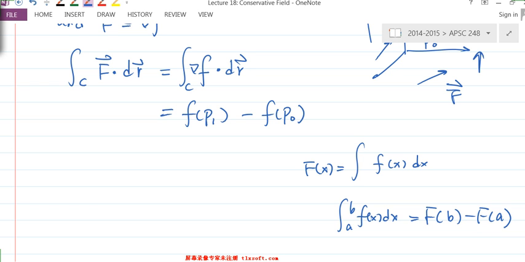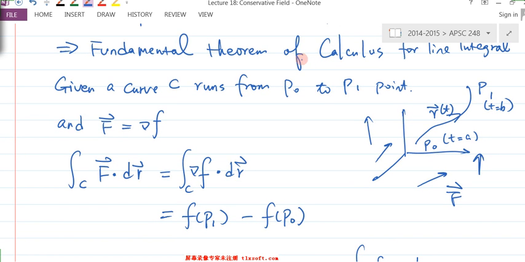Does that look similar? What is this called? This is the fundamental theorem of calculus that we learned in the first year. And now we have the fundamental theorem of calculus for line integrals. It's a very useful one.